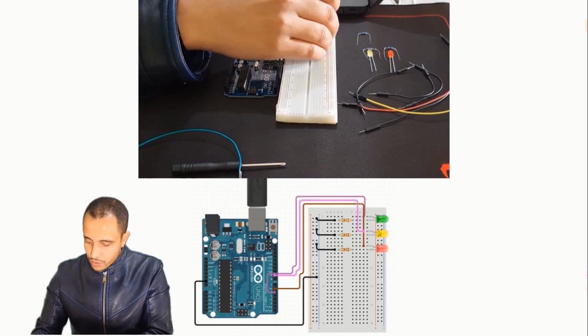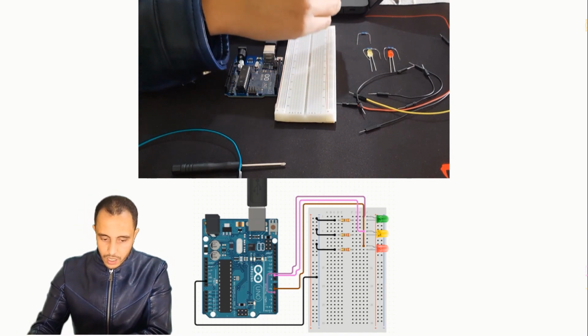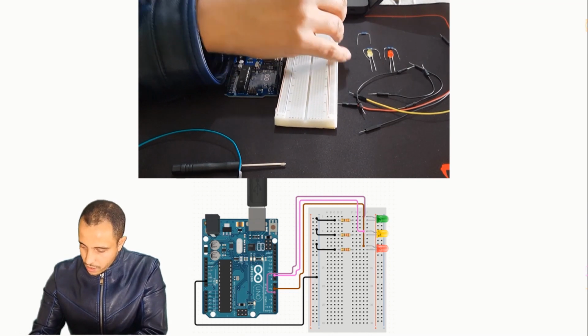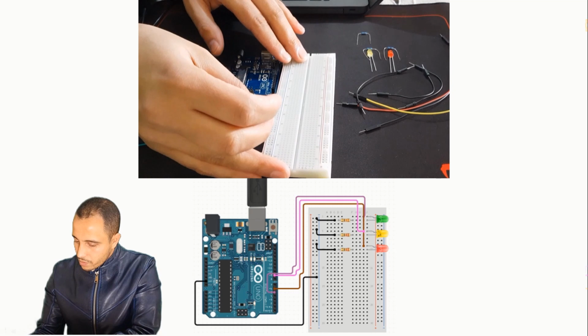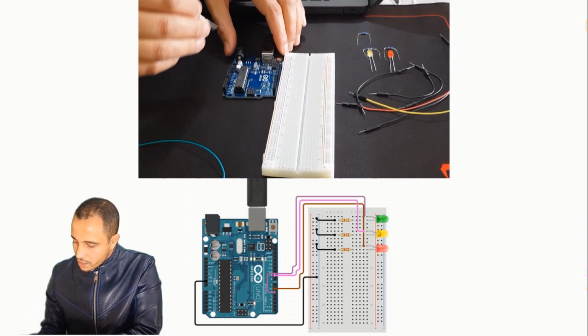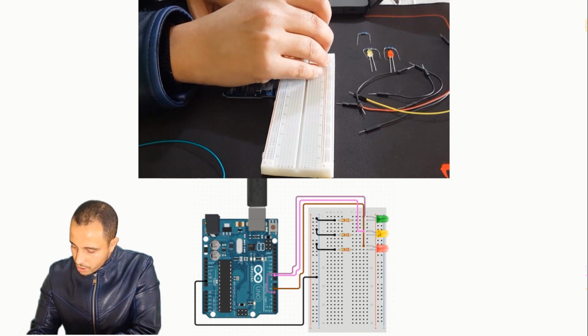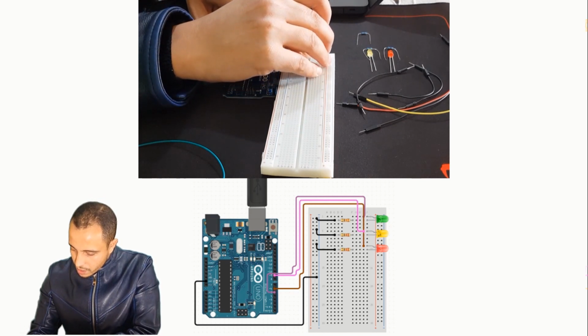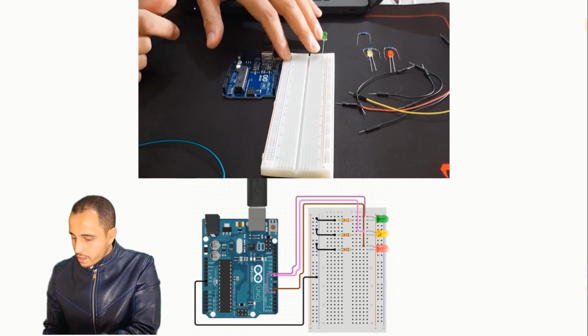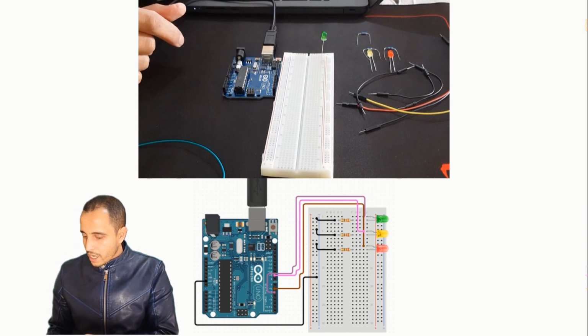I'm going to use a breadboard, as you can see here. So I'm going to close things for you. The first thing that we should do is to connect these LEDs. So I connect the green LED.